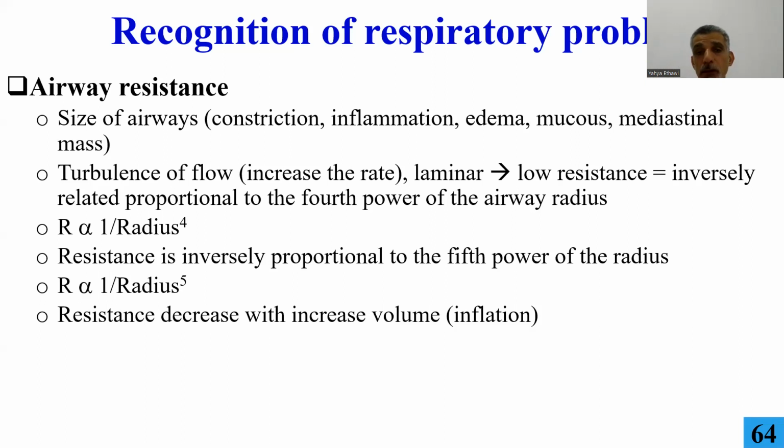So resistance is inversely related to the fourth power of the airway radius. So imagine when the airway increases in size, how the resistance will change. So the fourth power, each centimeter, like if you change 1 millimeter times 4, so you get a 4 change.